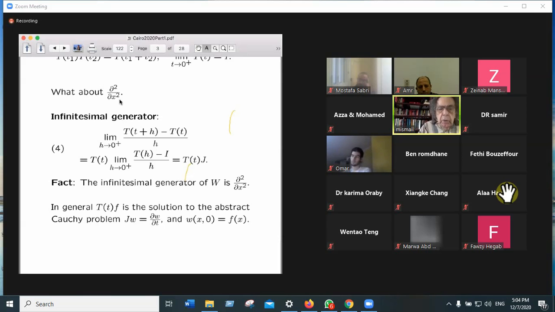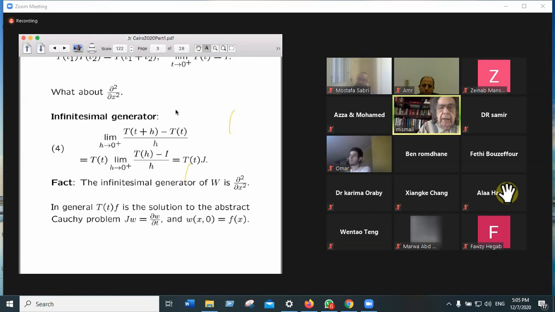For a derivative, you require certain smoothness for it to be defined. So this usually is defined on a dense set rather than globally. But the point is, if I can calculate this object, the infinitesimal generator, then this thing at any t is just the semigroup acting on the infinitesimal generator.